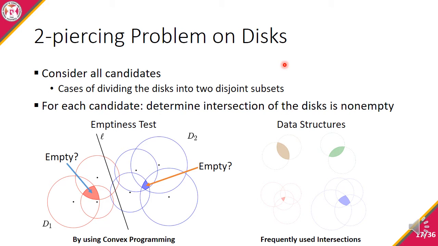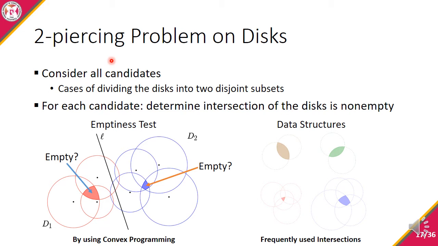This is the basic idea to solve the two piercing problem. This approach is based on the previous results. First, divide the inflated disks into two disjoint subsets via a criterion. To consider optimality, we consider all candidates, each of which represents one case of dividing.